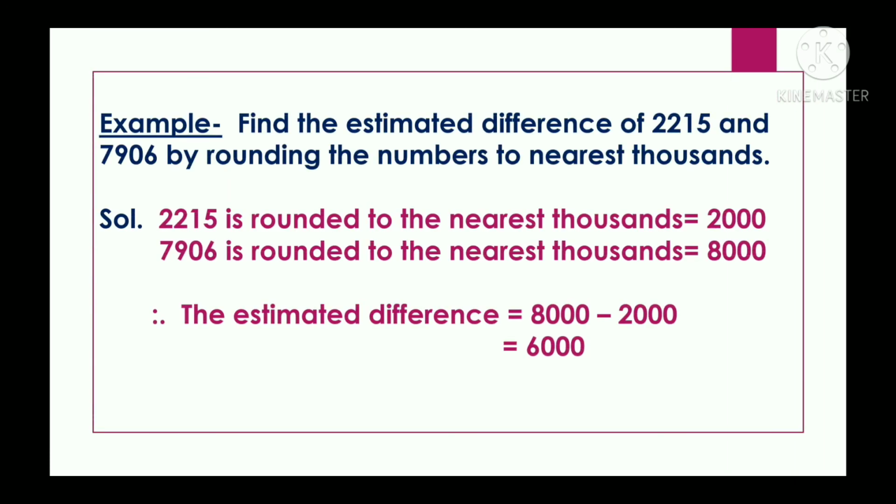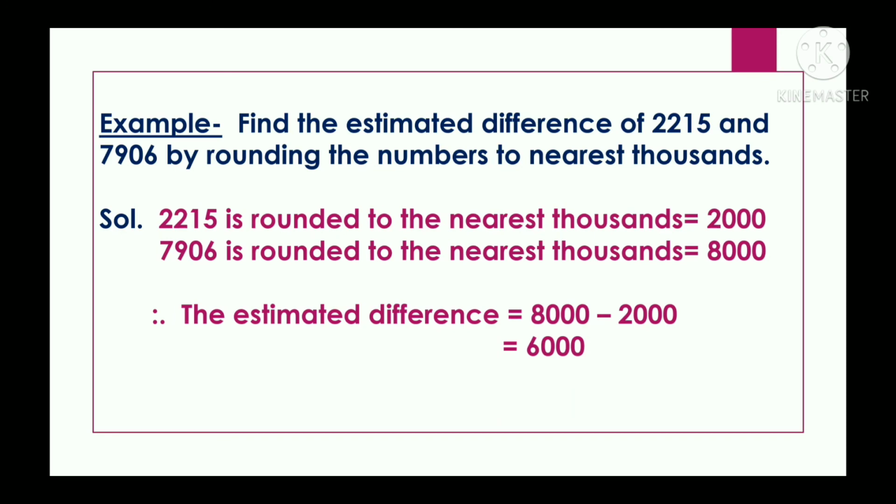Now let's take another example. So find the estimated difference of 2,215 and 7,906 by rounding the number to the nearest thousand. Solution. So here first we are going to round off the numbers to the nearest thousand.